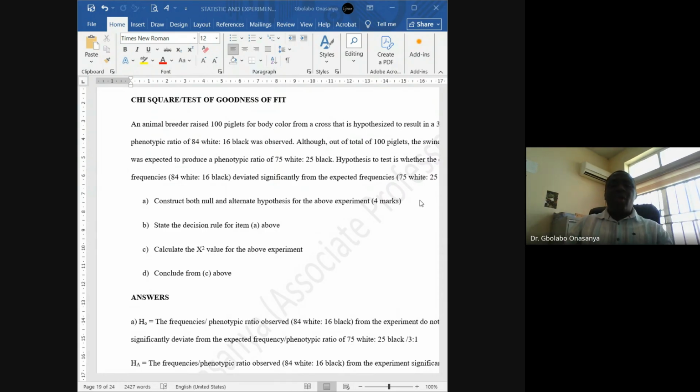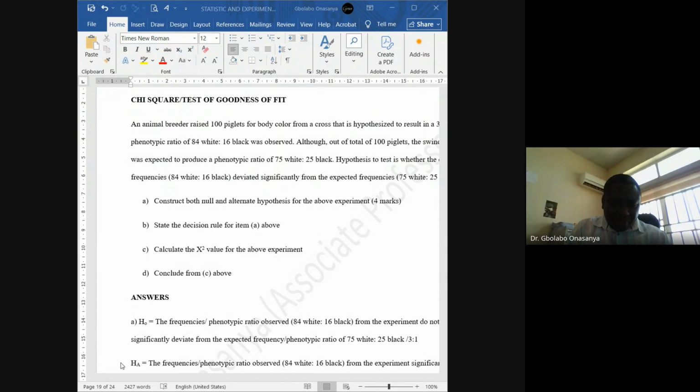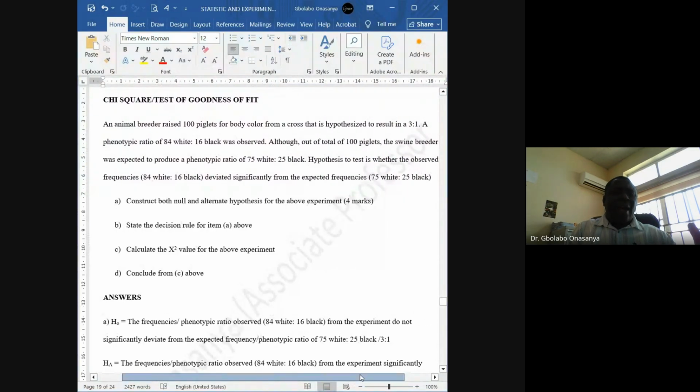Another way we apply chi-square is when you are looking for differences between observed and expected. For instance, in this example, an animal breeder raised 100 piglets for body color from a cross that is hypothesized to result in a 3:1 ratio.